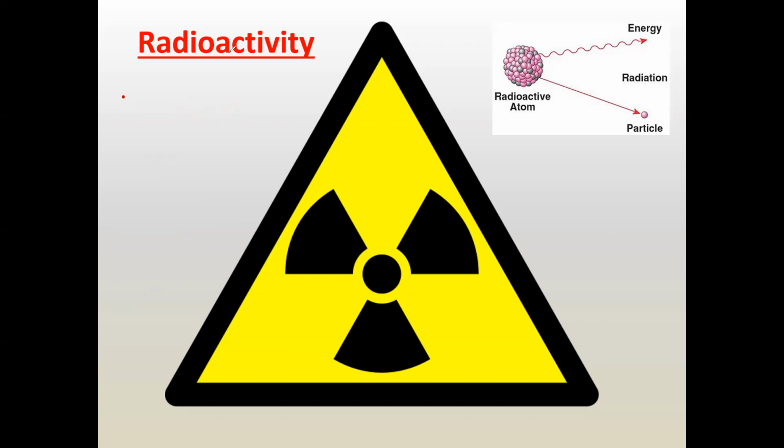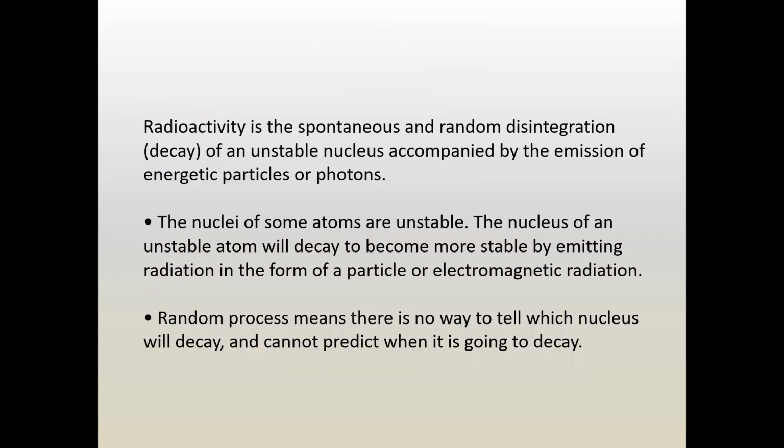And this radioactivity is a spontaneous and random process. So radioactivity is a spontaneous or random disintegration or decay of unstable nuclei by emitting radiation such as alpha, beta, and gamma. What is the meaning of spontaneous?